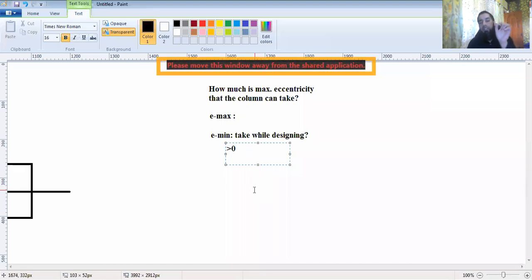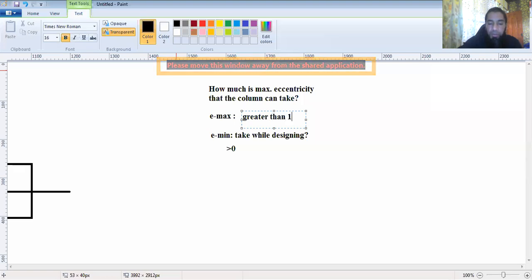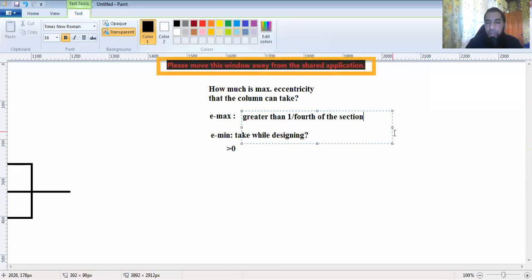Even when it's concentrically loaded, the value given by the code is greater than 0. First of all, for maximum eccentricity, you don't have a defined value, but it should not be greater than 1/4 of the section, or otherwise your section will not behave properly.